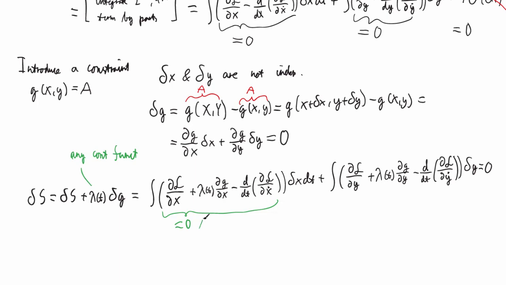Right, so this is equal to 0 by our choice of lambda of t. And since the entire expression here, delta x, has to equal 0, or at least it's no bigger than something on the order of delta x squared and delta y squared, that means that this equation too is equal to 0.